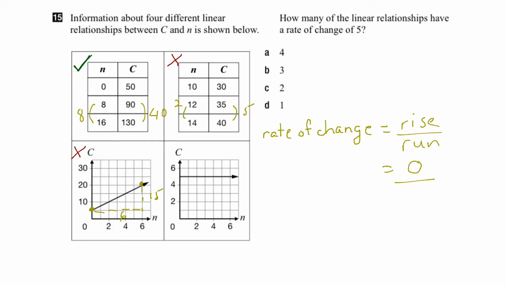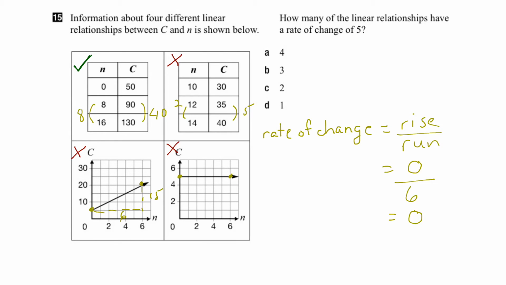So let's just say for argument's sake we're going from this point here to this point here, and that would represent a run of 6 units. So we'll stick that in the bottom here, 6 units. So the rise over the run would still be 0. And that is not a rate of change of 5.